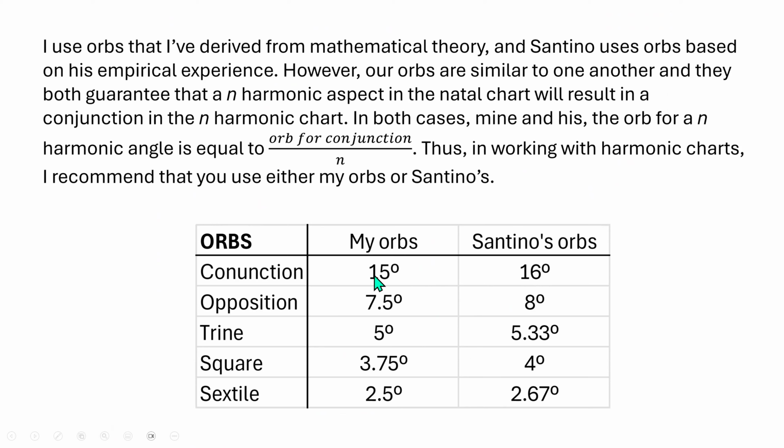For a trine, I just take a third of this, and Santino takes a third of his 16-degree orb. And for squares, I use this orb. And for a sextile, I use a 2.5-degree orb, while Santino uses a 2.67-degree orb. Okay, and that is going to be it. So let me stop sharing my screen.